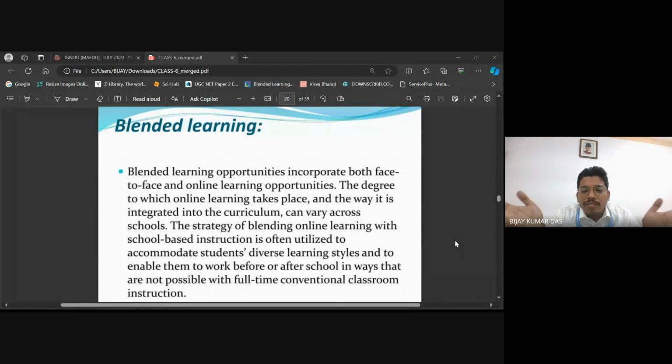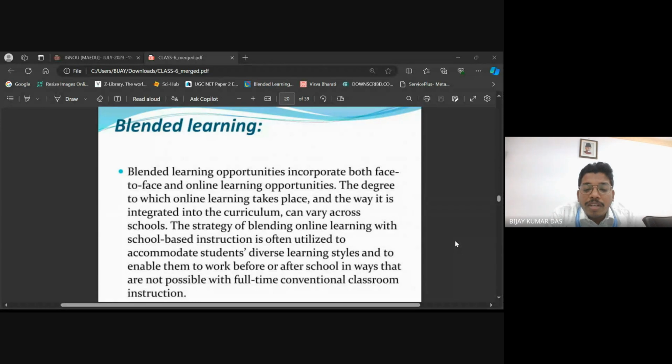So the strategy of blended online learning with school-based instruction is often utilized to accommodate students with diverse learning styles, isn't it? Some amount you are getting in physical form and some amount you are getting in online form. So, to take the diverse learning styles into account and to enable learners to work before or after school work, they are learning before coming to class and they are also learning after going home.